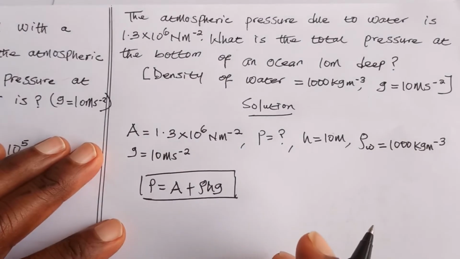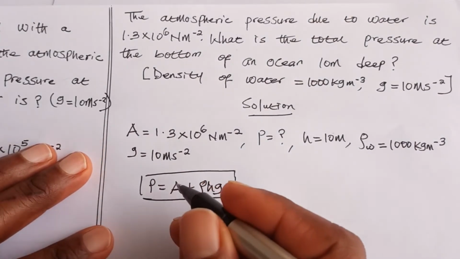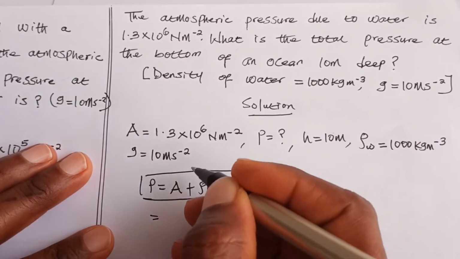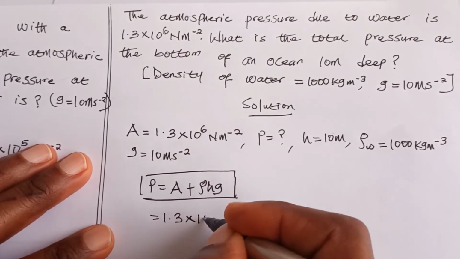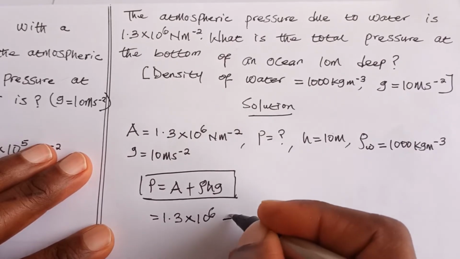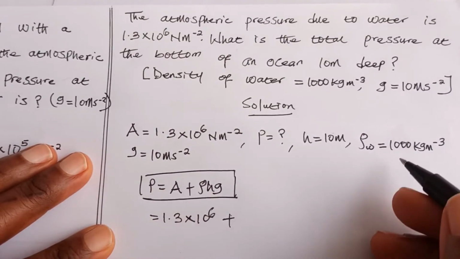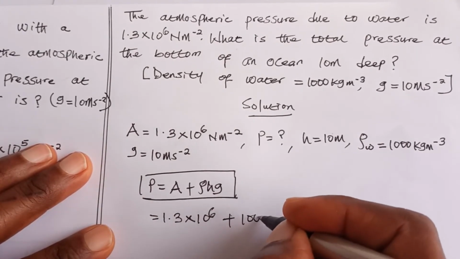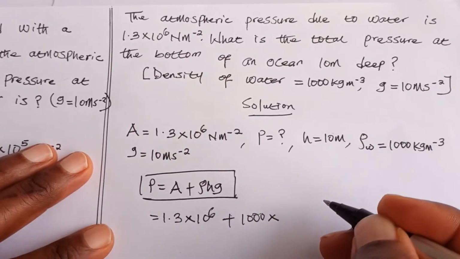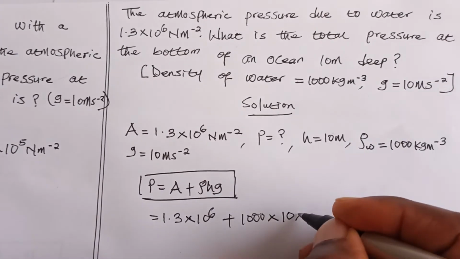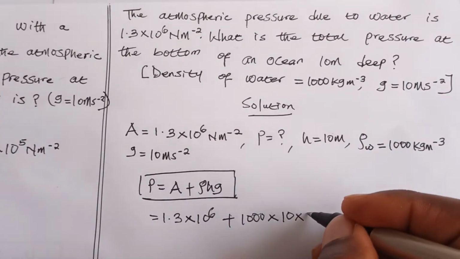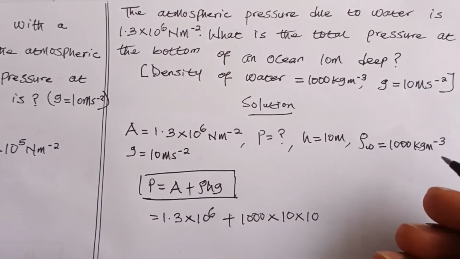Now, we have atmospheric to be 1.3 times 10 raised to the power 6 plus your rho density, which is 1,000, multiplied by your h, which is 10, multiplied by your g, which is also 10. Now, this is very easy.